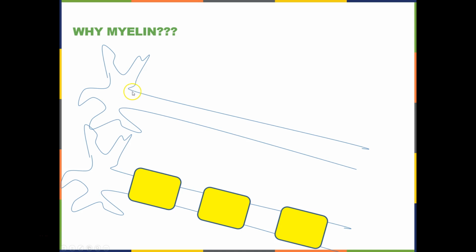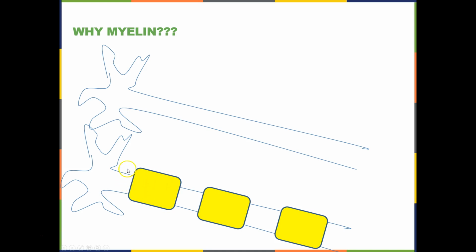If you had to open every single sodium-gated channel on this axon, it's going to take a long time. So think about walking from one side of a block to the opposite end of the block, how long it would take. If we wrap myelin around some of that axon, we decrease the area for sodium channels to have to open.